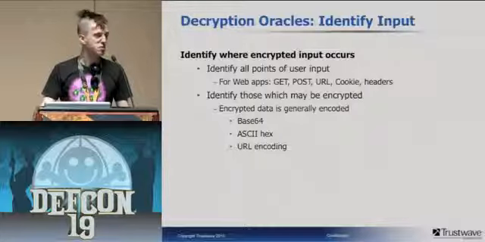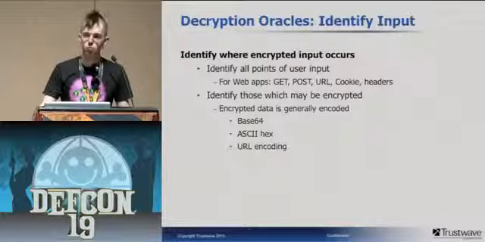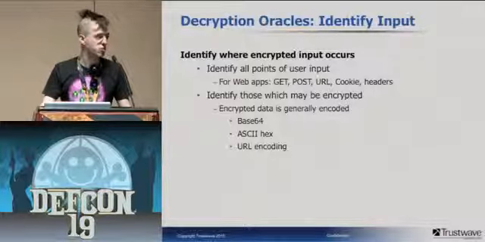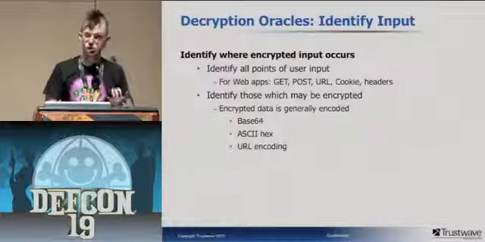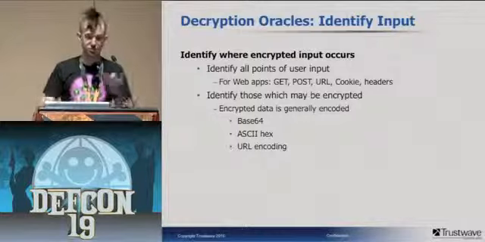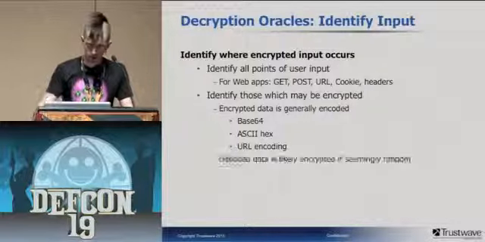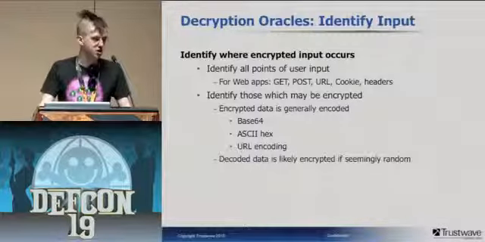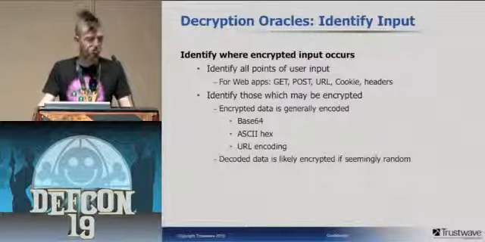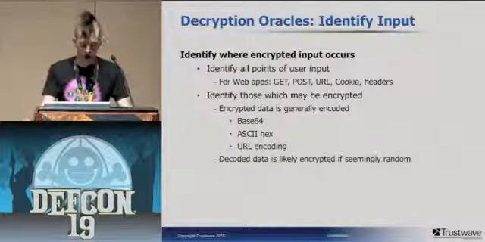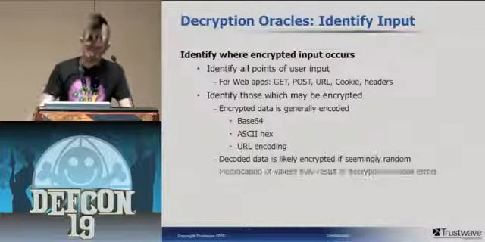Usually when you have encrypted data, it spans a pretty wide character set, so it's not really possible to put that through the majority of systems, as something might be interpreted as a meta character. So usually you have some sort of encoding scheme, whether that's URL encoding, base64 encoding, or just putting it into ASCII hex. If you decode that data and it looks random, and there are some tools out there for doing entropy analysis to see how random it is.